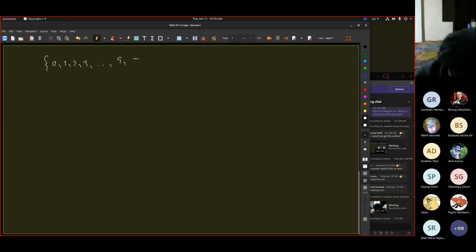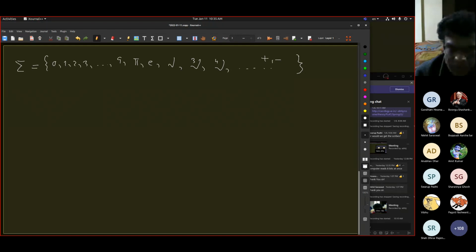You introduce symbols like pi, e, square root, cube root, fourth root. Keep on doing this, as long as this is the representation alphabet. And also, of course, you can talk about plus, minus, things like that. So this is, let's say, the representation alphabet of numbers. Let us call it sigma. Introduce whatever symbols you like.